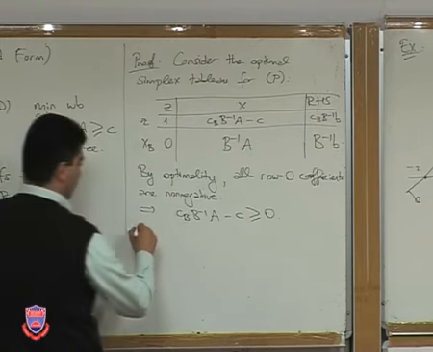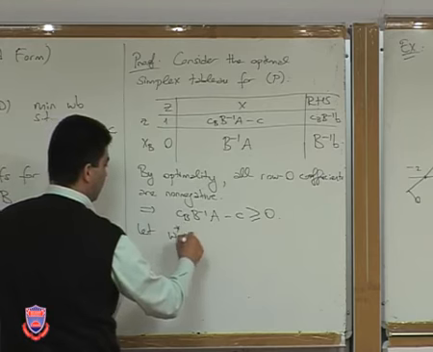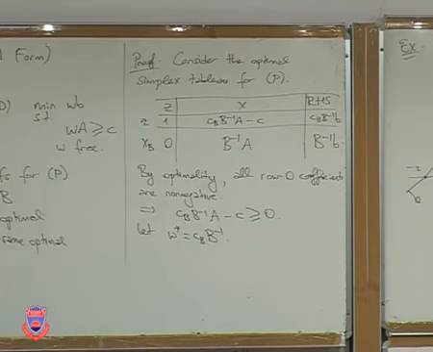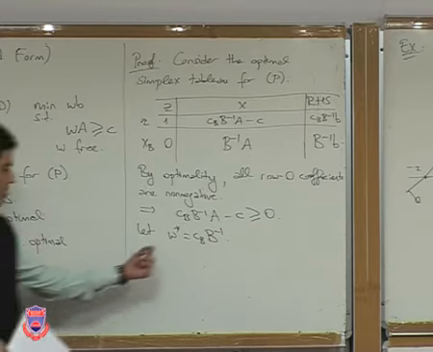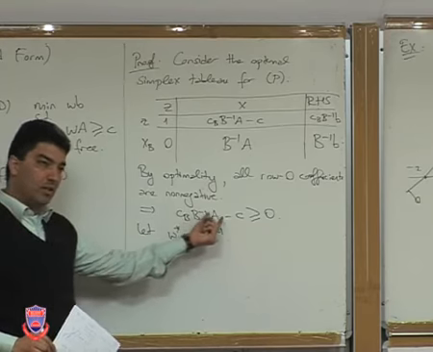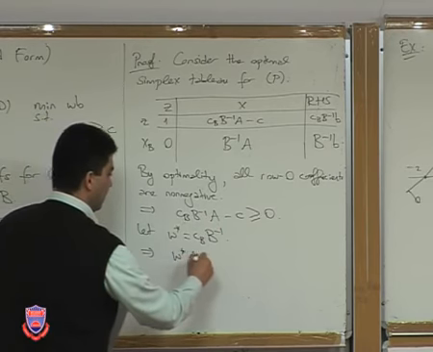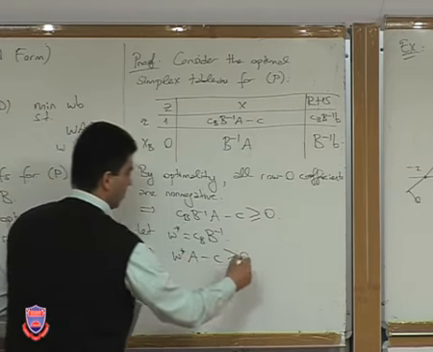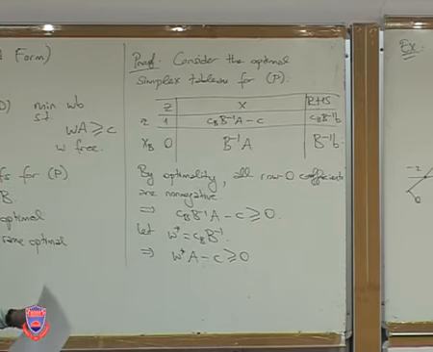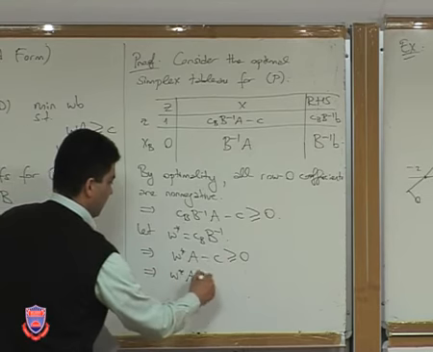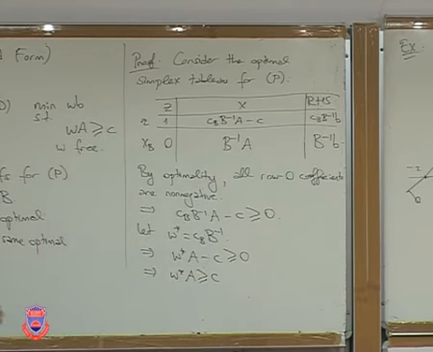So once again, I'm going to define W star to be equal to CB times B inverse, just like I did in the previous case. So now all I need to do is substitute W star here. So this implies that W star times A minus C is greater than or equal to 0. This implies that W star A is greater than or equal to C.